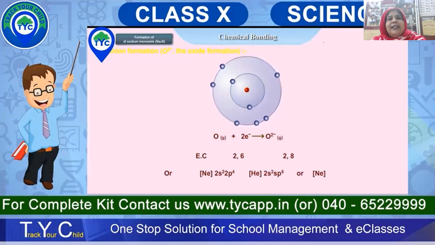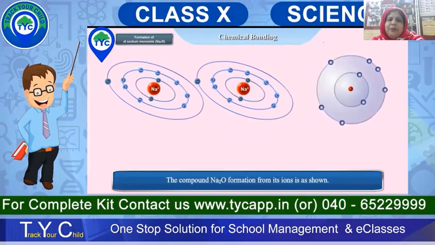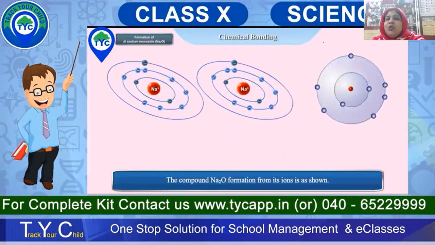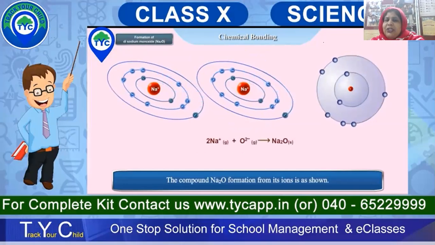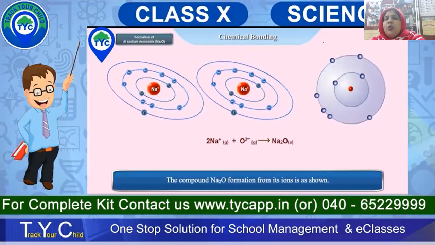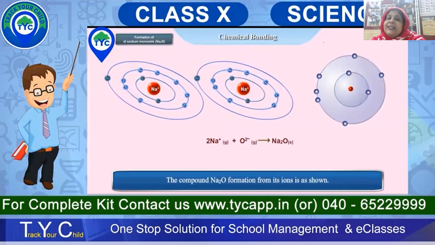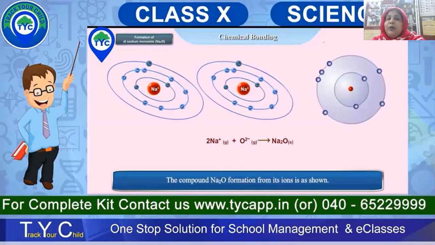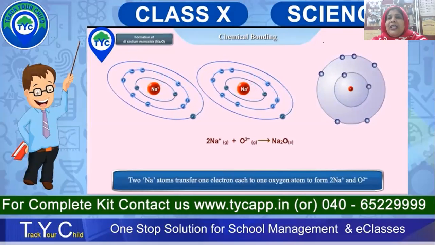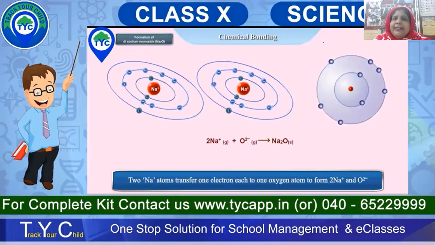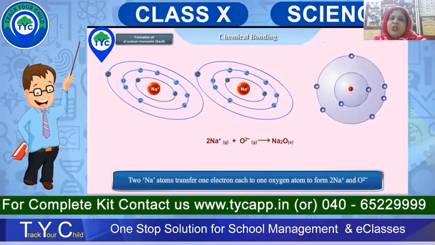So that is the reason Na2O, sodium oxide, is formed: 2 sodium atoms have to combine with oxygen to form a stable sodium oxide. And sodium and oxygen are both in gaseous form. When they combine, they change their state to solid. So sodium oxide is a solid.